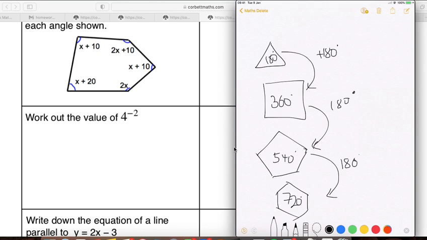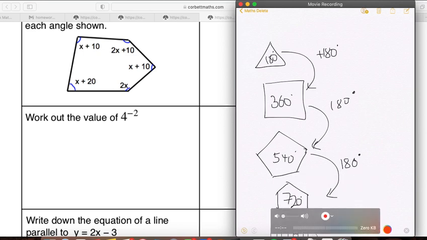That's one of the ways of working it out. But this way wouldn't always work, especially with bigger polygons with lots of sides.